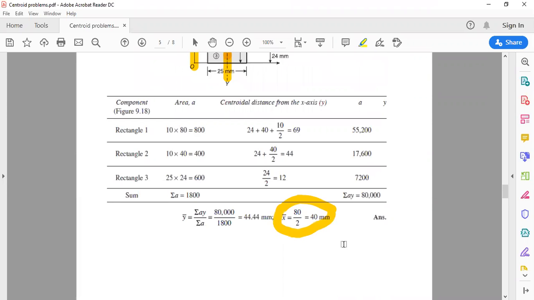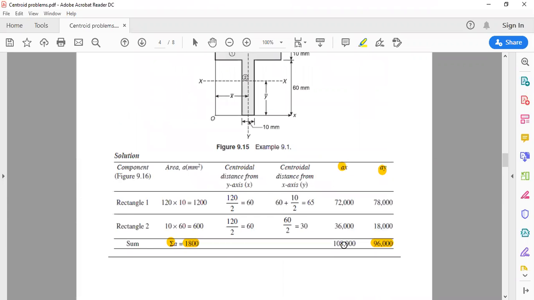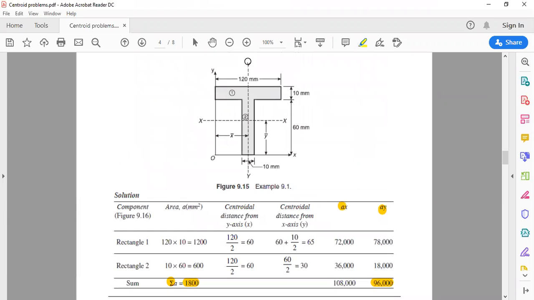You can do the same in this diagram also. If you see, this axis is an axis of symmetry, because if I fold the section along this y axis, it will exactly fold such that the corners will coincide with each other.